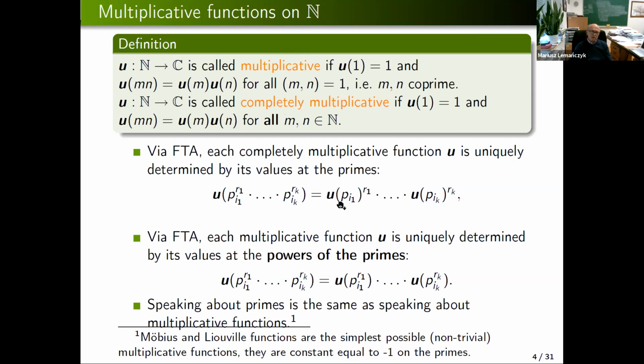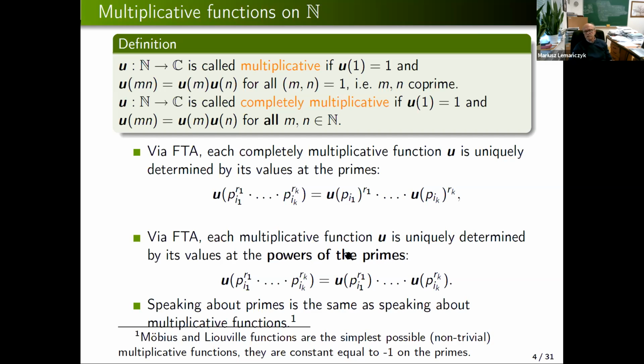You can also see that once you give any values to the primes or to the powers of the primes, then these formulas which you see here define in a unique way a multiplicative function, or a completely multiplicative function, which is defined on the entire set of natural numbers. So speaking about multiplicative functions, it's the same as speaking about the primes.